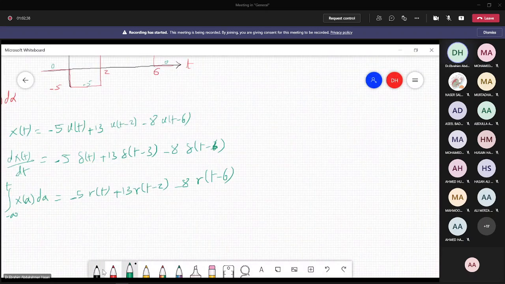Let's see how to plot this one, how to sketch dx by dt. This is t here, so here at 0, 2, and 6.